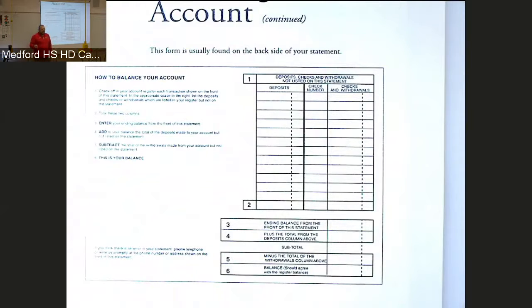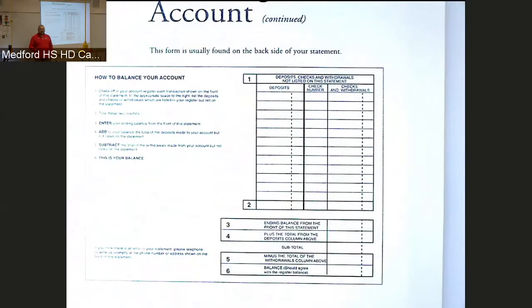Things might include a withdrawal for checks. If we go out and purchase checks, that money comes directly out of our account. We might have a service fee. Your checking account may charge you a monthly fee for simply having a checking account. Again, we'd have to add that. In some cases, you may have an interest-bearing account, which means that you're actually going to receive money.